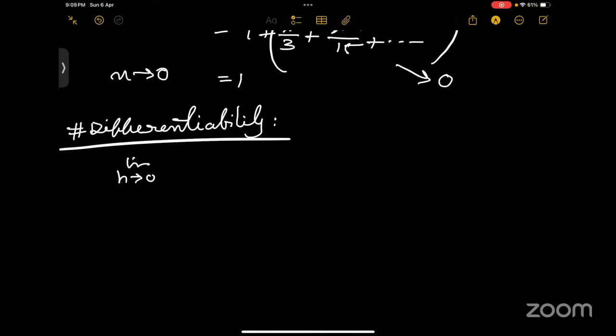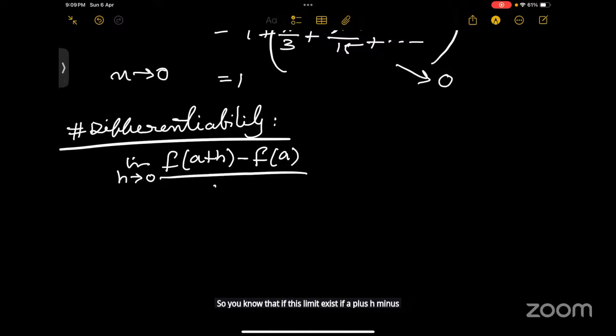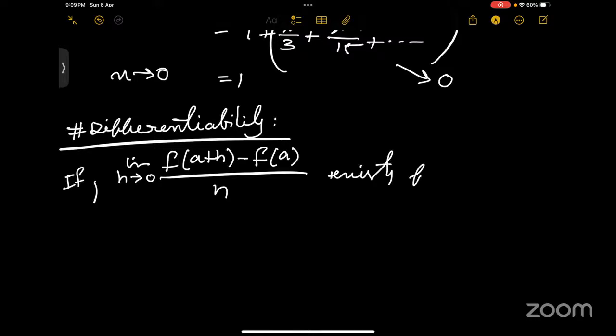So you know that if this limit exists, limit h tending to 0 of f(a plus h) minus f(a) by h, finitely, then we say f is differentiable at the point a, right?